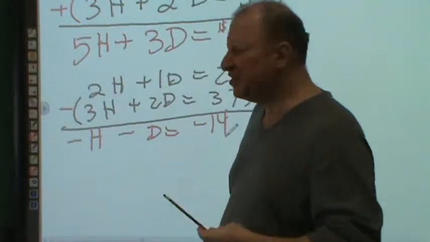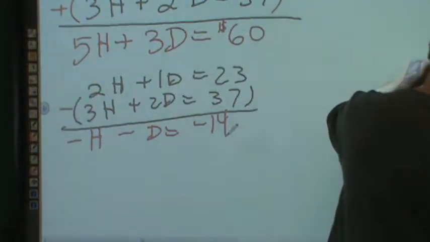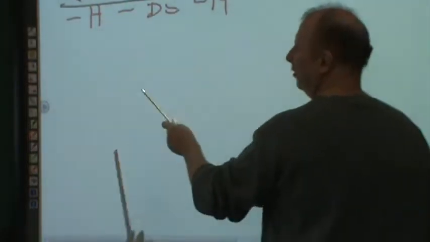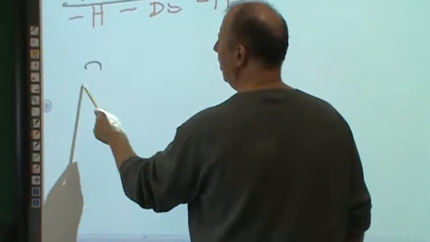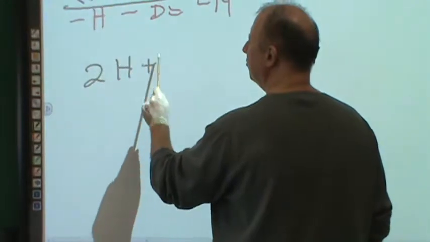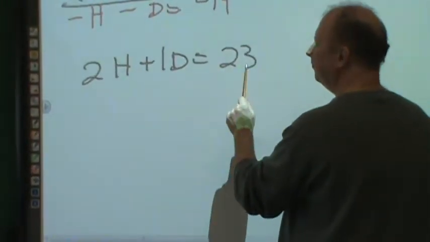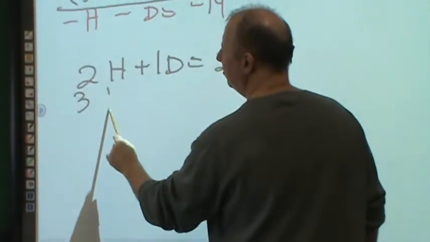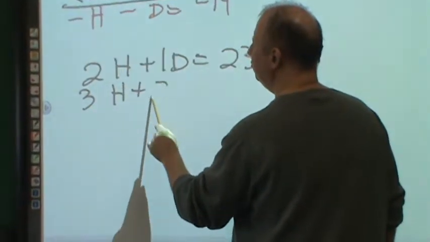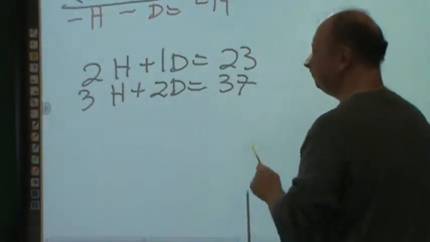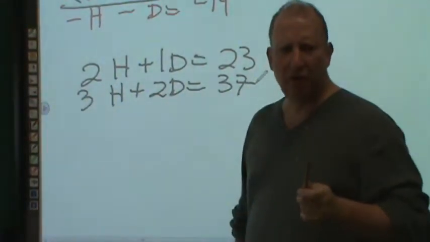Let's look at what we can say. Let's do it again. Two hot dogs plus 1 drink will cost $23. 3 hot dogs plus 2 drinks will cost $37. Well, let's look at what I know.